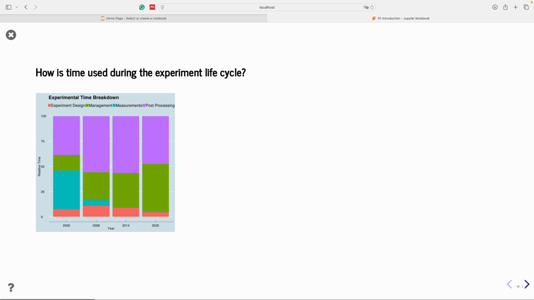And then, of course, you have the post-processing, which also takes quite some time. Experiment planning can be more or less, depending on how you set up the experiment and its complexity.